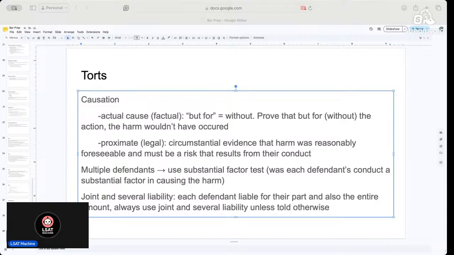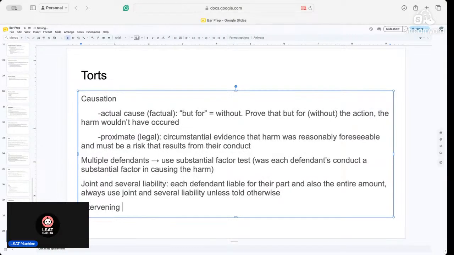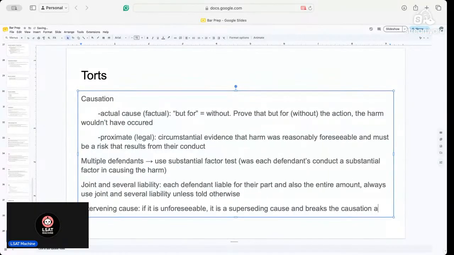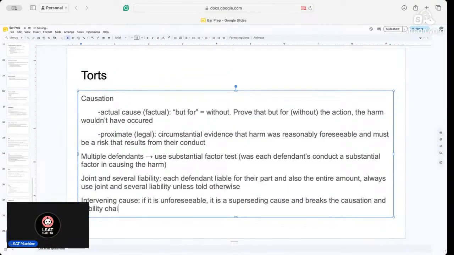Okay, and why did I say that? I said that because an intervening cause, if it is unforeseeable, it is a superseding cause and breaks the causation and liability chain.